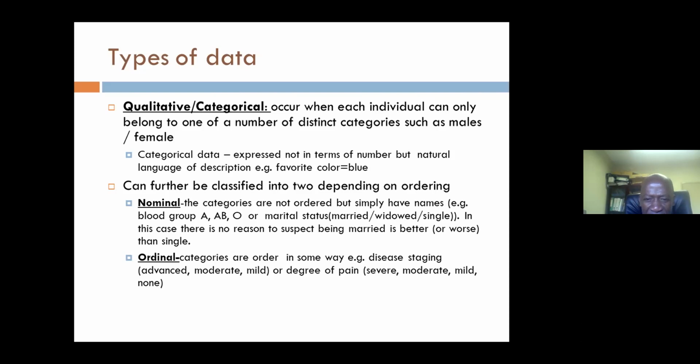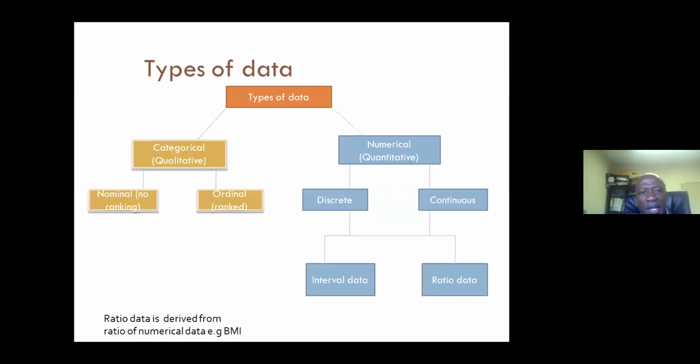For example, disease severity: severe, moderate, mild, none. Disease staging: advanced, moderate, or mild. Although we are using names, there's that property of ordering the values in a certain order.